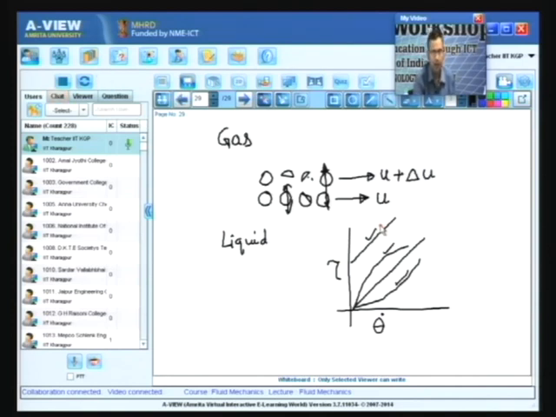It is beyond the scope of these few lectures to talk about that, but I would suggest interested readers look into books on rheology or non-Newtonian fluids to get a feel for the behavior of these types of fluids.